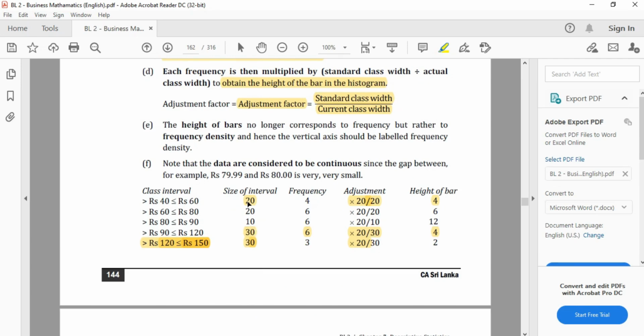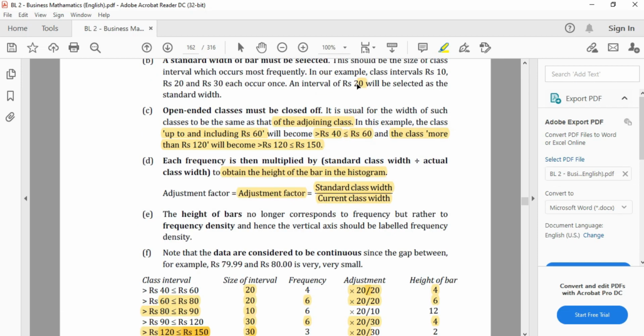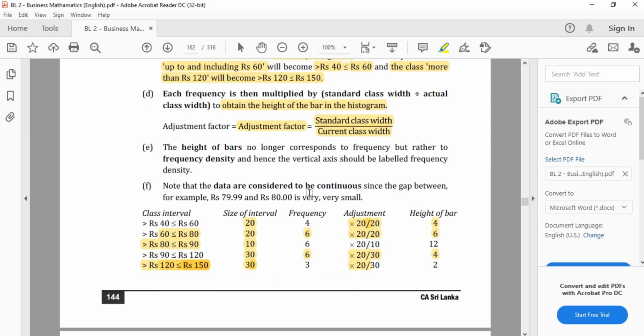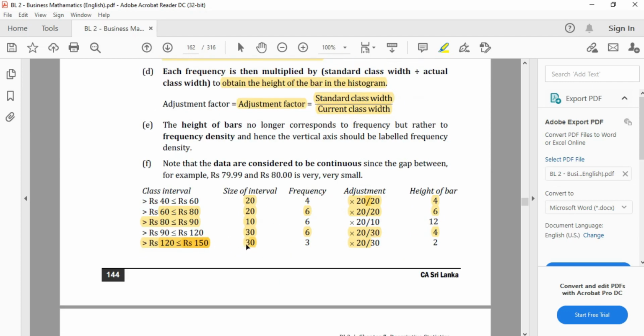And 40 to 60 as 20 because 60 to 80 is 20. 20 must be your standard class width. However, it can be 140 or it can be 150 because your previous class width is 30. And then you get the height of your bar at these figures, the adjustment factor.